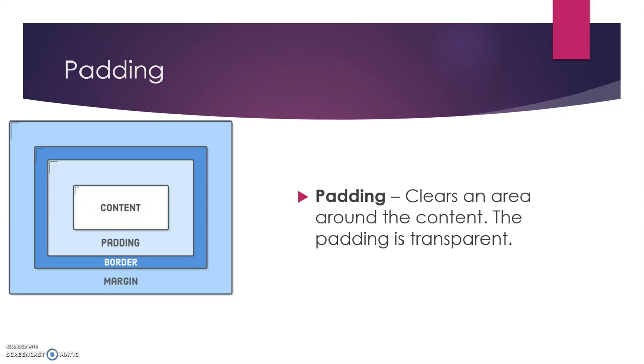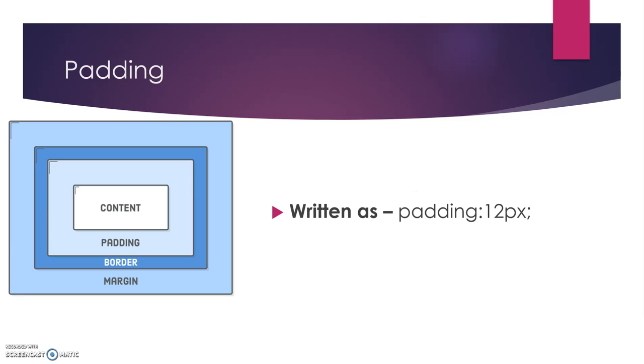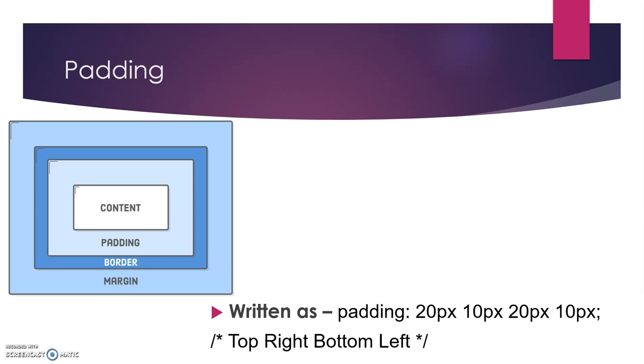The next element in the CSS Box Model is padding. Padding will space the content away from your border to give space between them. You can designate either a single padding measurement, which will apply to all sides equally, written as padding: 12px; or you can specify each side clockwise from the top measurement, and those measurements go top, right, bottom, left.